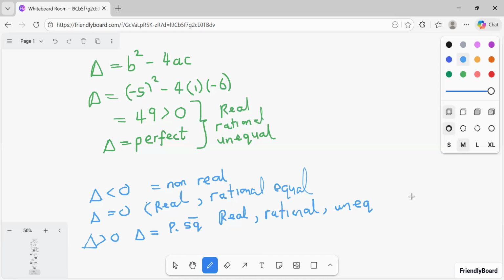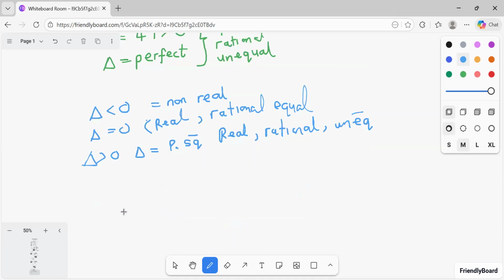What if delta is greater than 0, whereas the delta is a non-perfect square? That's in short.